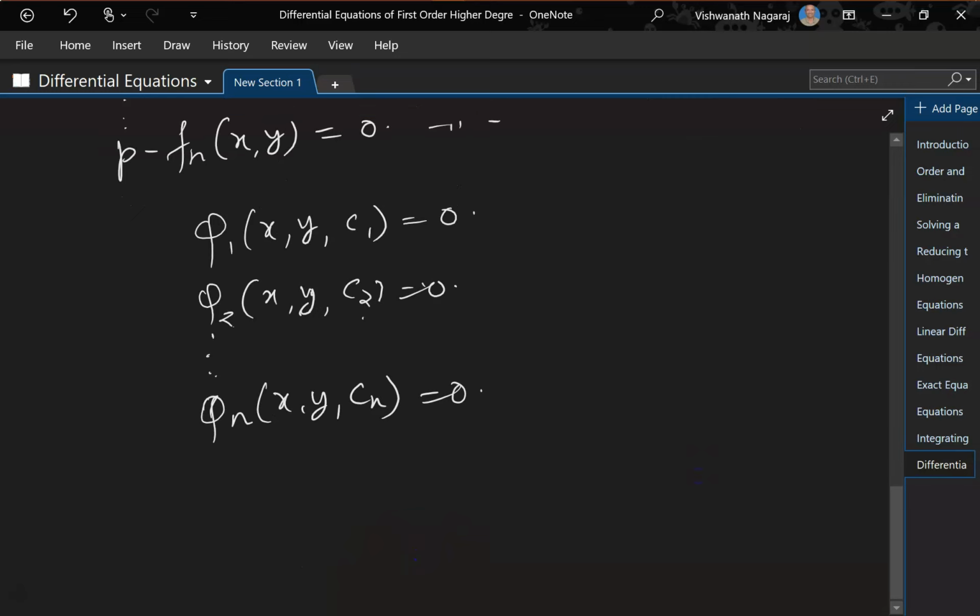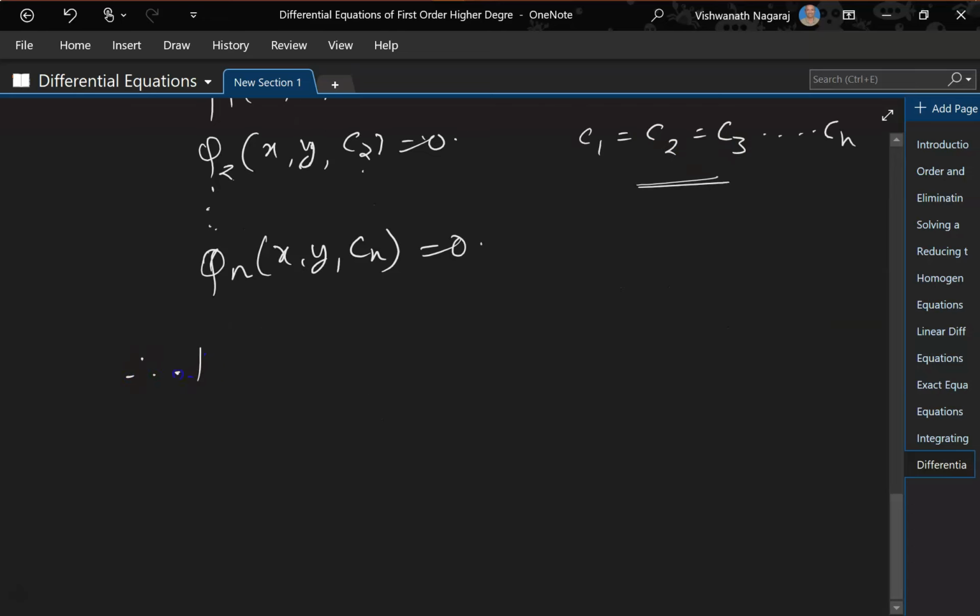Now here c1 would be equal to c2 equal to c3 and so on up to cn. For the entire set of equations, there can be only one arbitrary constant, so we are saying all of these will be equal to a single constant c.